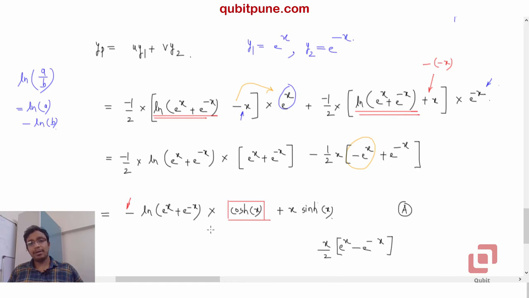And if you compare yp that we have got with the options, you will find that it matches with option A. Negative ln e to the power x plus e to the power minus x into cos hyperbolic plus x into sinh of x. Let us just go back to the options.